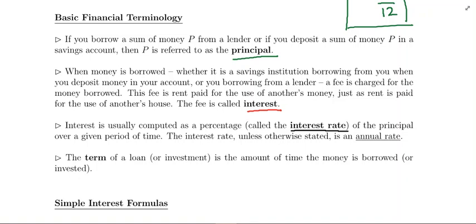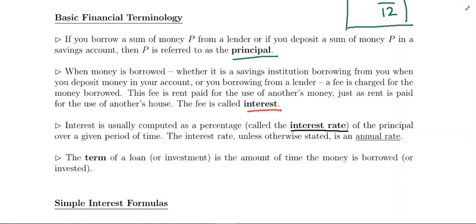If you think back to the student loan example, you borrow the $5,000 and you're going to have to pay interest on that $5,000. How much do you end up paying for interest? Well, it's based on the interest rate. You might be borrowing the money at 4.25%, which is the percentage of the money that you would have to pay over time.